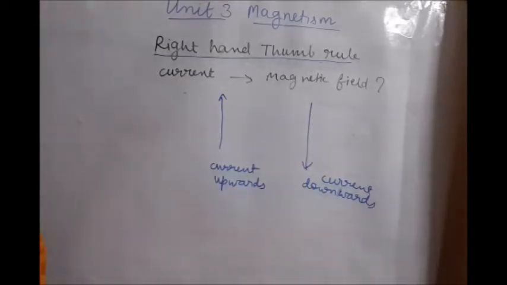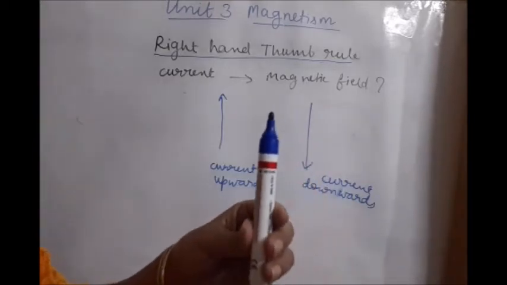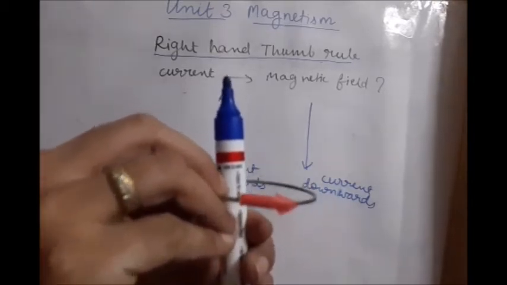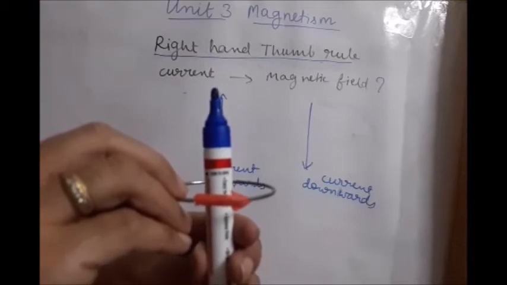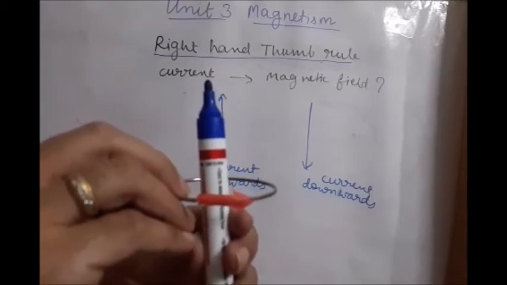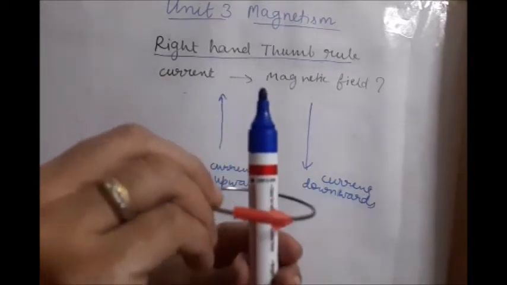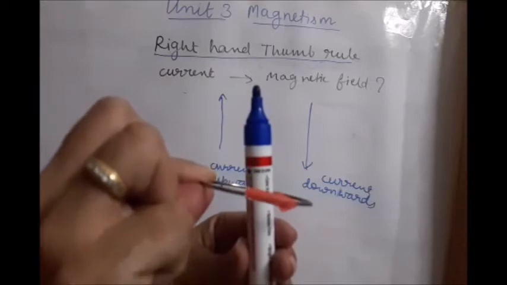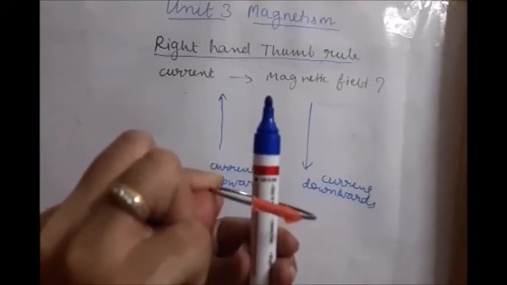Magnetic field around any straight wire, like this pen showing the current, is circular, like this bangle showing the circle. This bangle which I have prepared is for the magnetic field. So the pen is current and this circle is magnetic field. An arrow is also shown in it. Now I will tell you what is the correct direction of this arrow, that means the magnetic field.